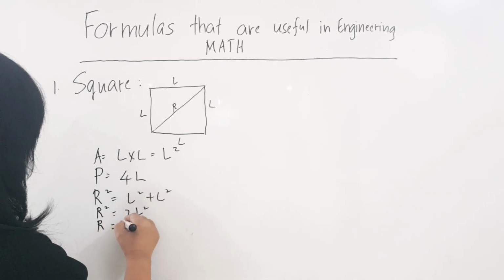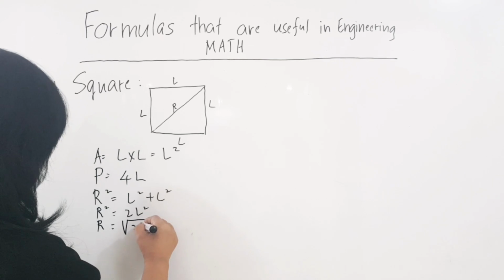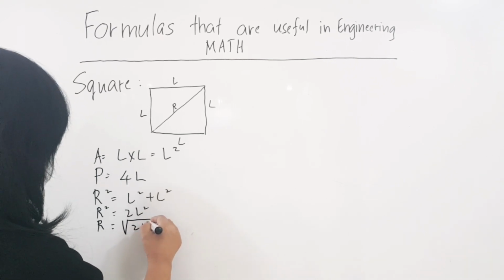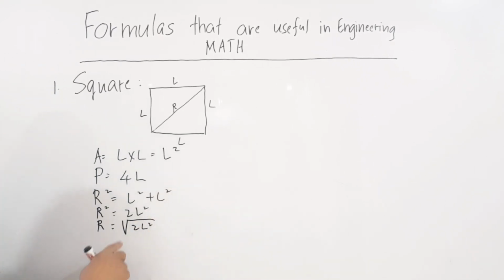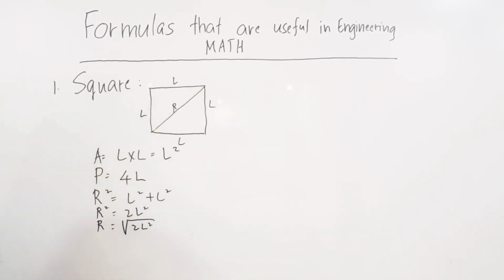Therefore, R is equal to the square root of 2L squared. This is the R here, like the hypotenuse.